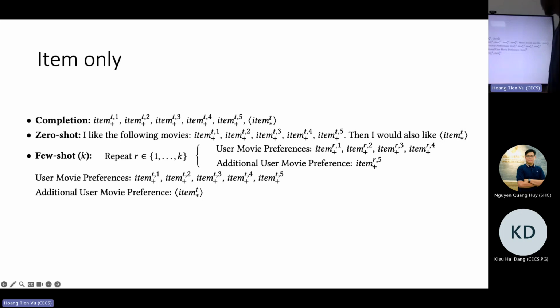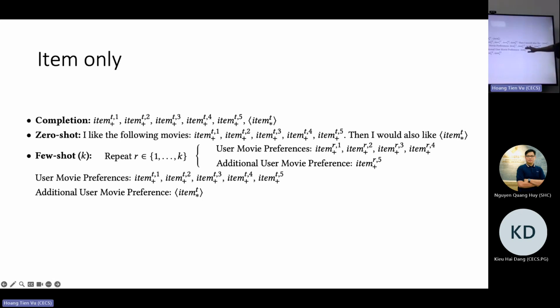So you mean in zero shot, the item will give you some code of the item in the system, right? But for few shot, the item here will be the description of each user's preferred item.